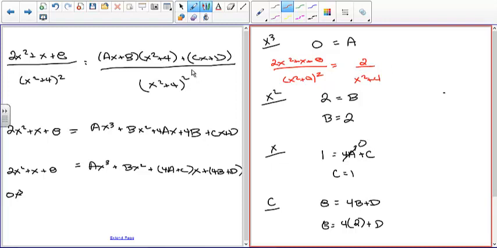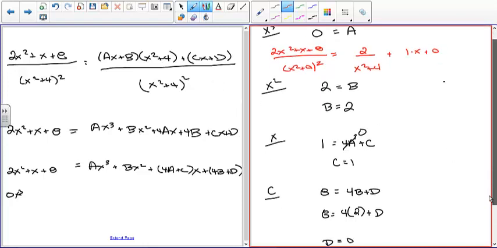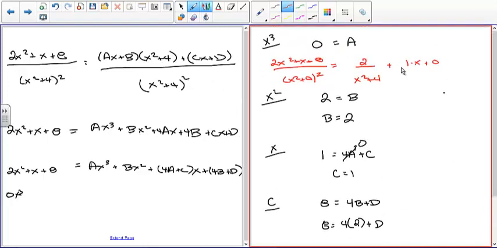We found that c was equal to 1, so we get 1x plus 0, because d is 0, as we saw down here, over x squared plus 4 squared. So we can get rid of that and get rid of that, so it's just x divided by that.